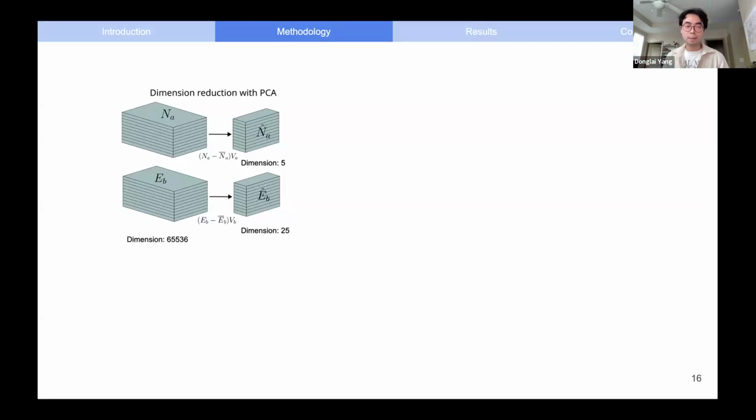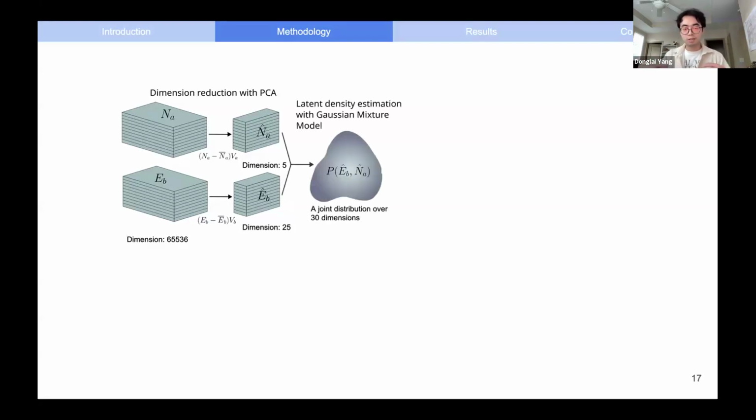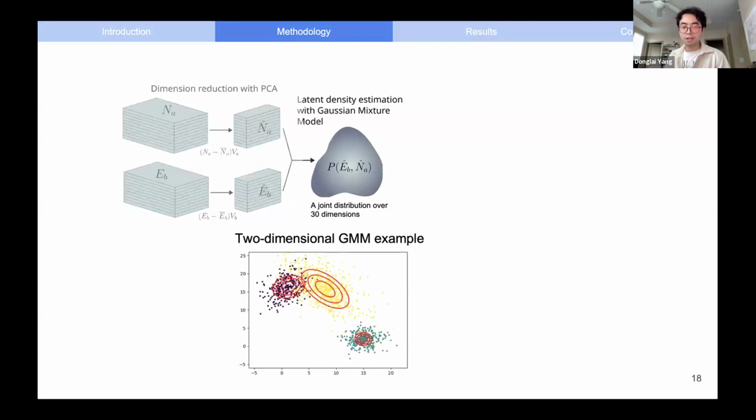In this case, we use principal component analysis to massively compress the data sets into some 30 dimensions. And we estimate the joint distribution of these two variables in 30 dimensions using a Gaussian mixture model, which is a pretty classical statistical learning way of estimating density, even challenging density distributions, by just breaking it down into clusters of Gaussian distributions.